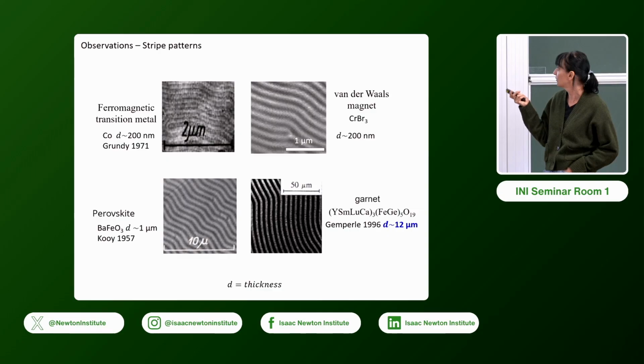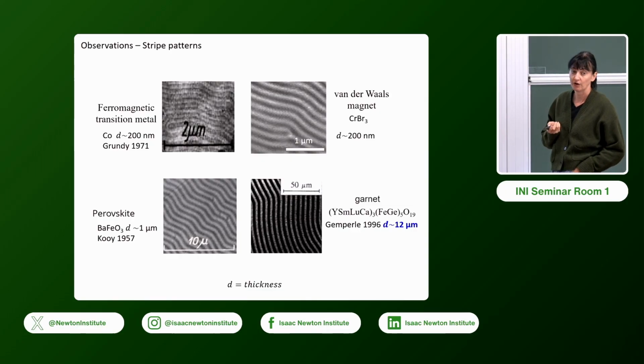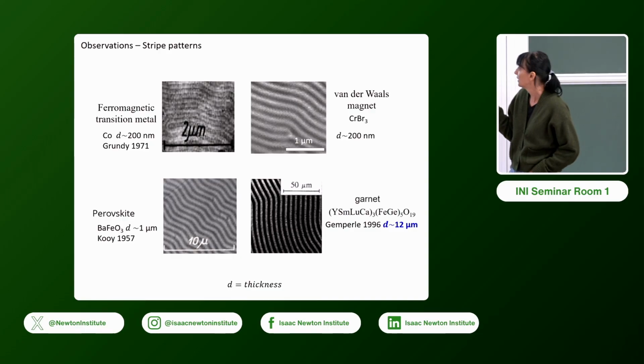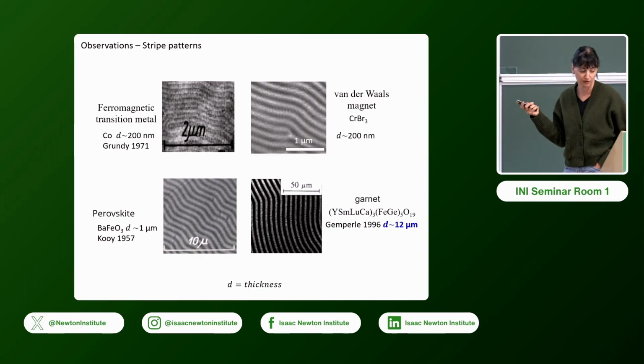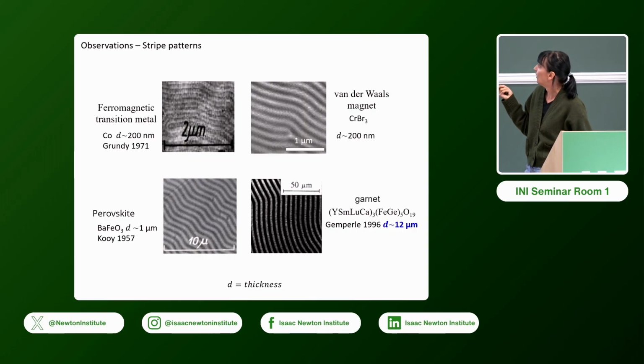The image is not very nice because the stripes are quite small. Their size is 200 nanometers, so it's not too bad for 1971. And for magnetic images, this is done by transmission electron microscopy. So this is a very beautiful example in a very simple material.